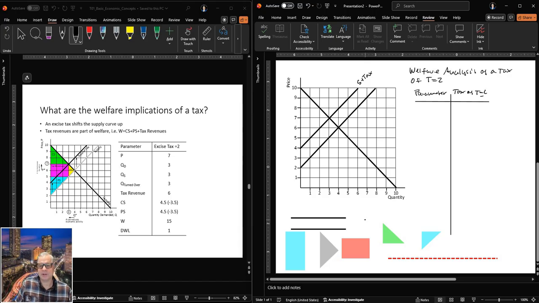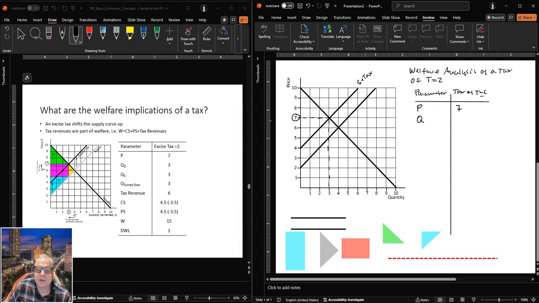Okay, so now after the tax, what is the price? So the price is now obviously 7. And what's the equilibrium quantity? The equilibrium quantity is now 3.